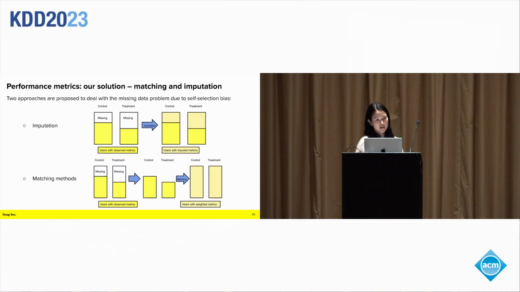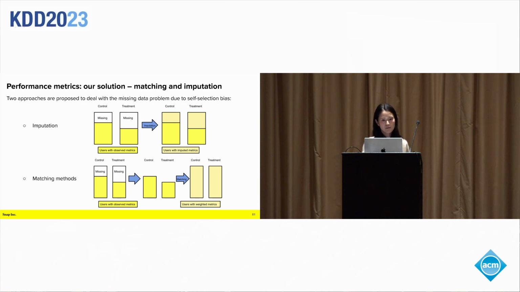And for the missing data problem, or self-selection bias, we propose 2 approaches to deal with it. The first approach is called imputation. For imputation, first of all, we identify all the users with an observed metric in both the control and the treatment group.